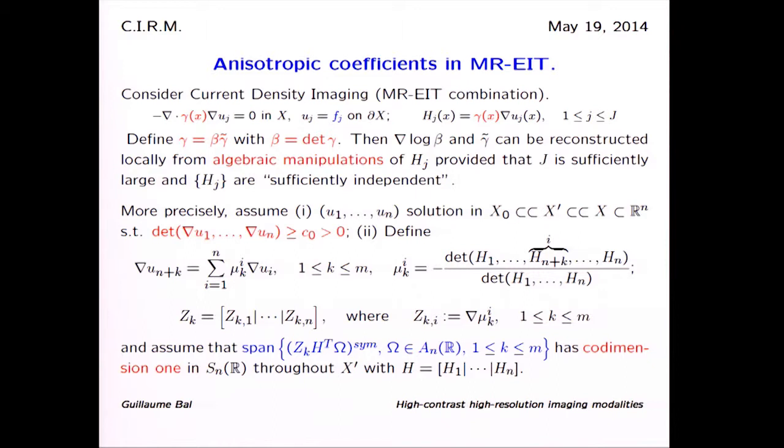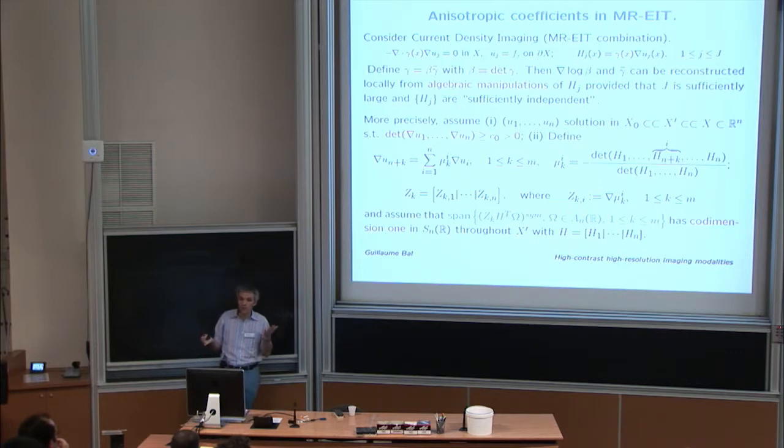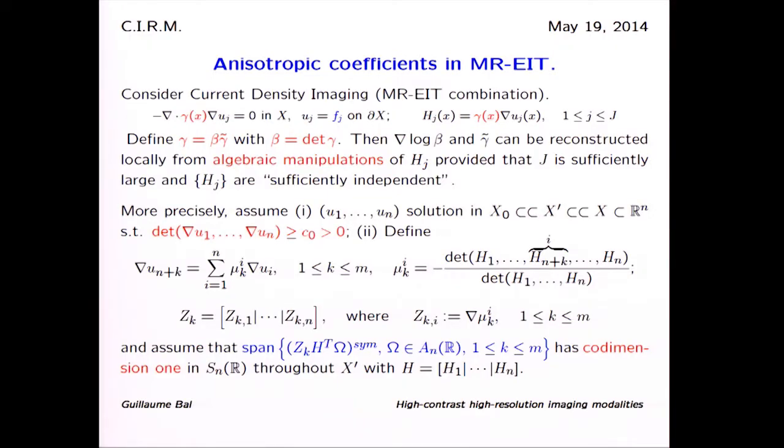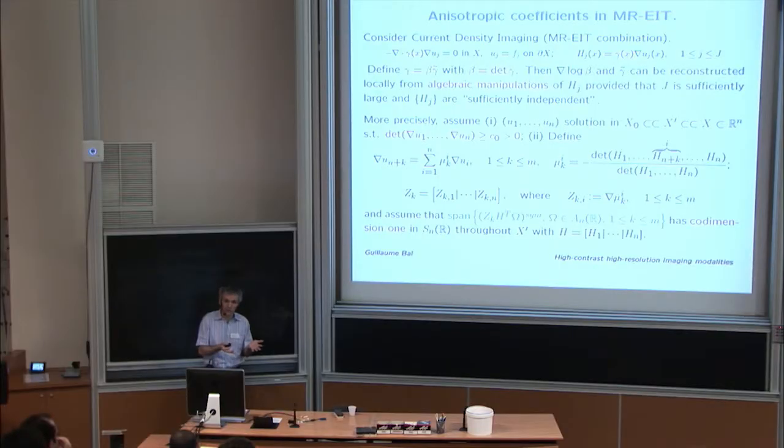Okay, let me move to this result here, where we have functionals of this kind. They are slightly different from the ones before. It turns out that if you have a lot of such functionals, the amount of information is so overwhelming that you can do local algebraic manipulations that almost solve your system. This is relatively complicated to explain here, but for that specific problem, what we obtain by local algebraic manipulations is a reconstruction of the gradient of the solution, not necessarily the solutions we're interested in, but the gradient.